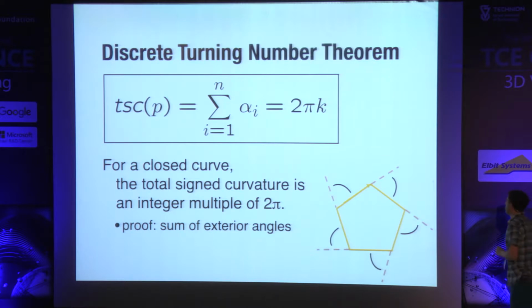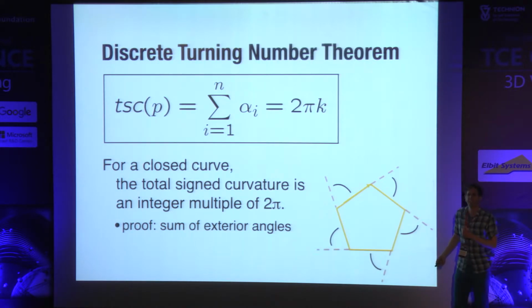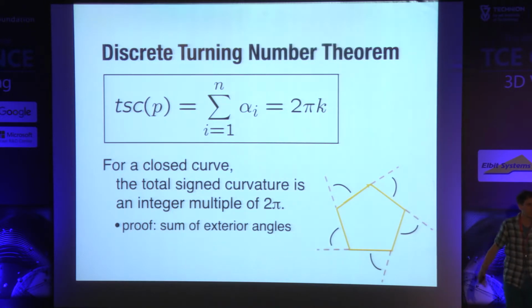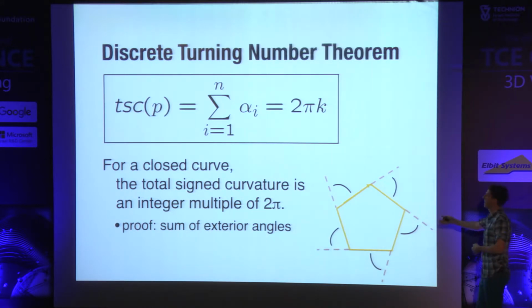In fact, we've learned the proof in high school, at least for a simple case. The sum of the exterior angles of a polygon is 2 pi, right? And so you can generalize this proof. So it's a nice instance, again, just like Newton found it easier to prove Kepler's second law in a discrete way. Here we find it easier to prove the turning number theorem in the discrete setting.